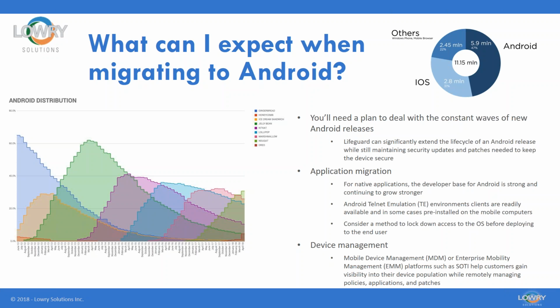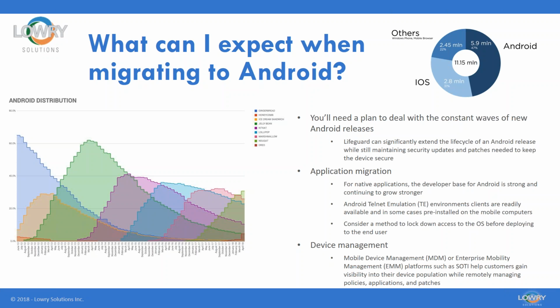And if you're not given the option to remain on a specific version that would still be supported, that's going to require a lot of touch, and it may be confusing to your users. It may break applications. It's hard to say what that new release will do. So it's a strong consideration that now I have an OS in my environment that needs more maintenance, needs more touch, if you will.